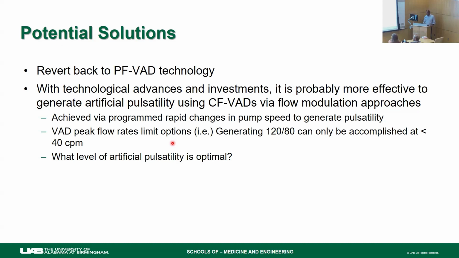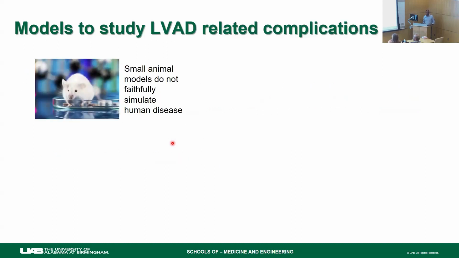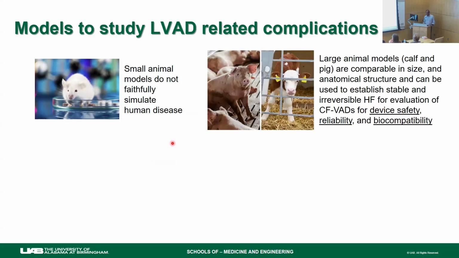So if you're going to test all of this, you need models. So small animal models, nobody makes VADs for these small animals. These don't emulate human cardiovascular disease, at least in this context. There's large animal models, mostly pig and calf models.